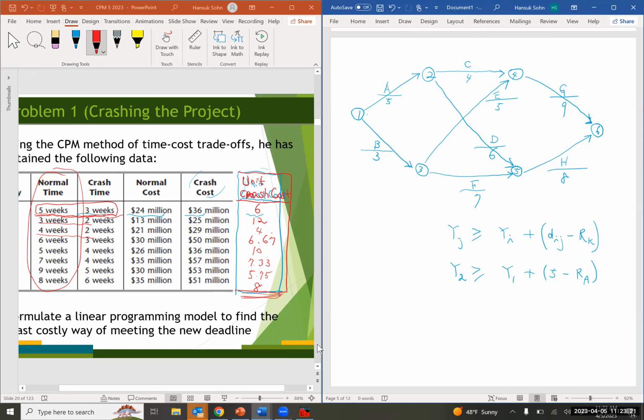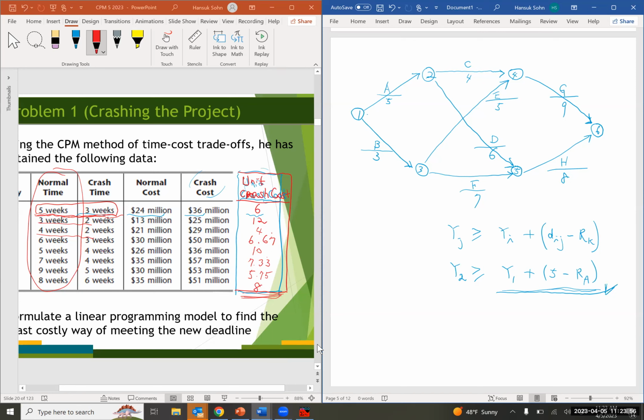Because in this case, the activity A has a duration of 5 minus r sub a now, right? So here, y sub 1 plus 5 minus r sub a is going to be the completion time for activity A. So for every directed arc, we need a similar inequality constraint like that.